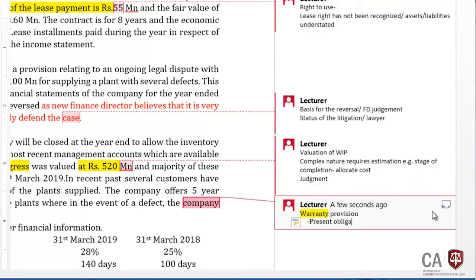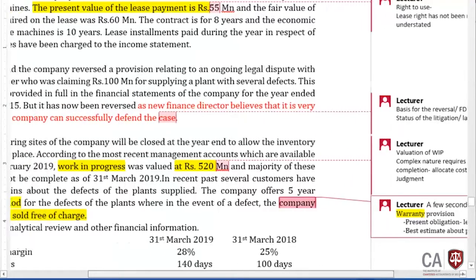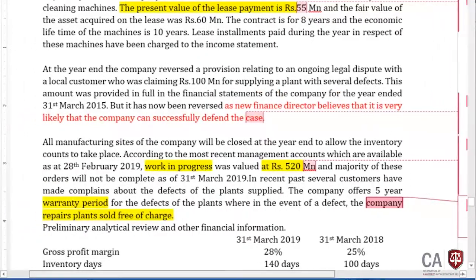See, if the company has given it in a contract, then there is a legal obligation, but according to the case study, in the past, if they have settled this, it is a constructive obligation. Accordingly, the company should have the best estimate of the possible claims. If this is not recorded currently, the profit is overstated and the liability is understated. Again, this is an area that requires subjective assumption and judgment.